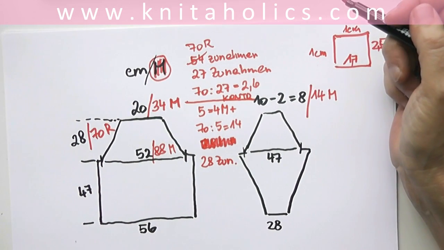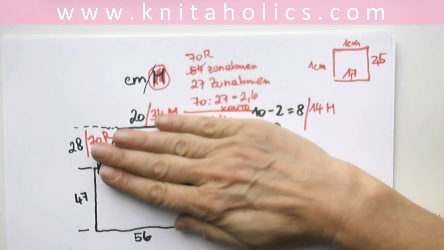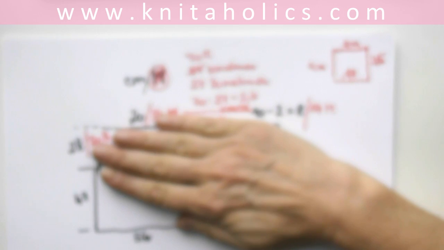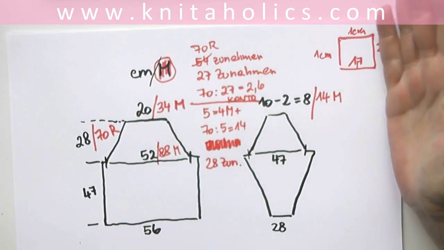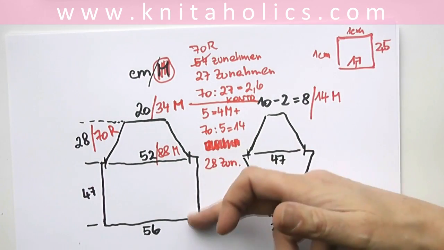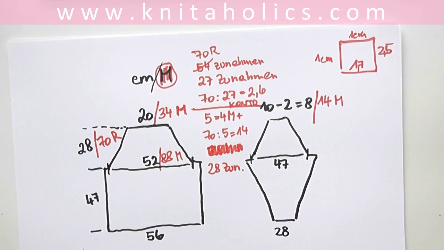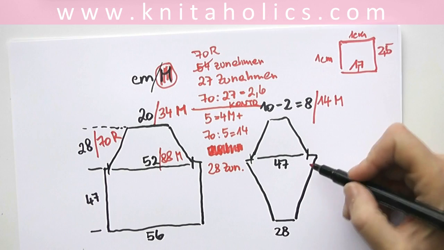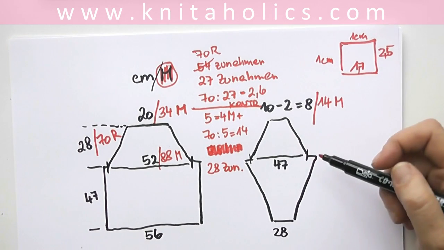Then we need to know those 47, the height of 47 centimeters makes 118 rounds. 118 rounds for the body part below the raglan part, and the calculation of the decreases on the sleeve.